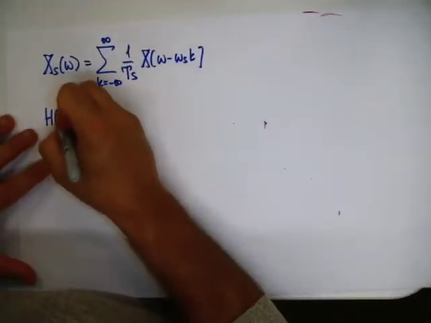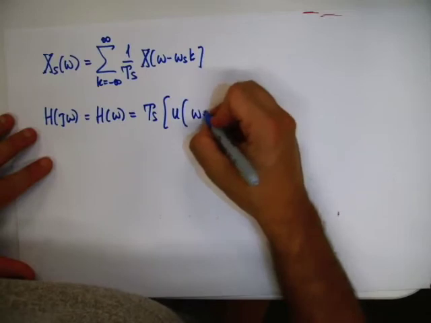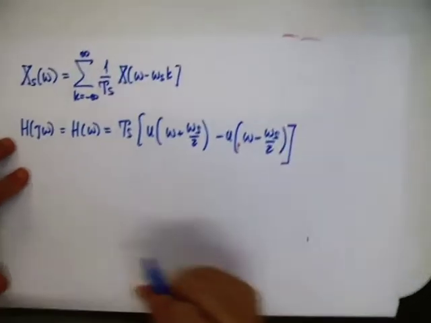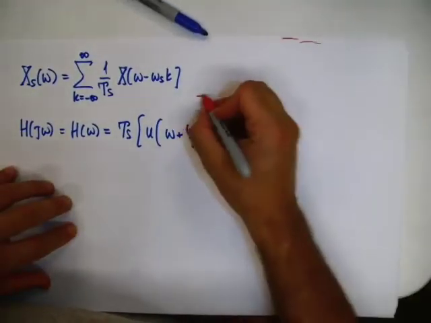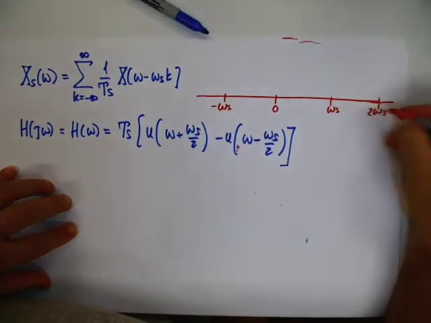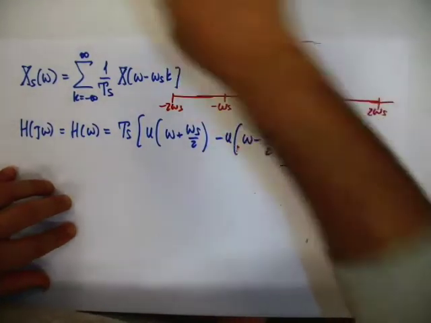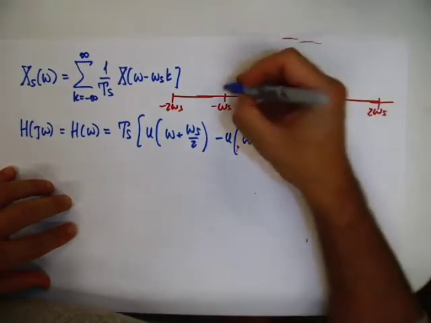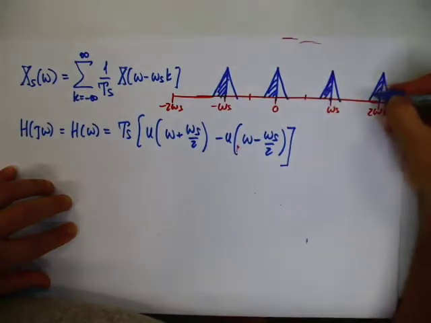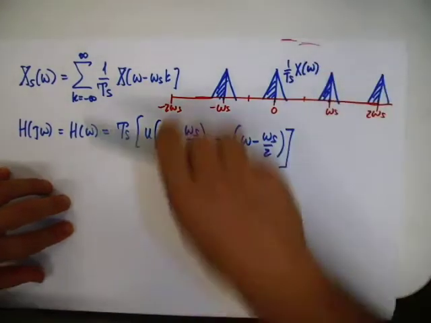And we saw that the filter that we need is Ts times the box function, u of omega plus omega sub s divided by 2 minus u of omega minus omega sub s divided by 2, because we saw that we have all these multiple copies, and we saw that this is basically 1 over Ts X of omega, for example.